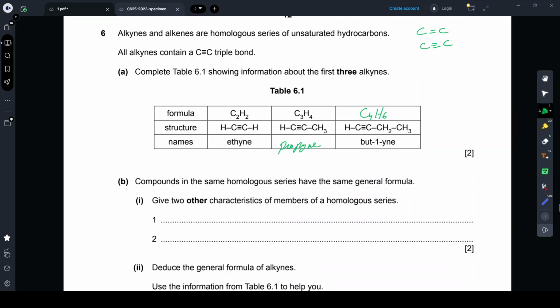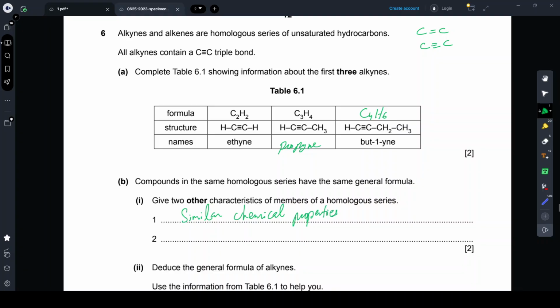Give two other characteristics of members of a homologous series. So first, what are characteristics of a homologous series? Similar chemical properties, same functional group. And they have a high boiling point.